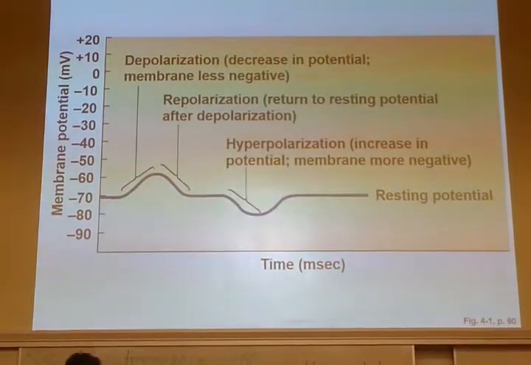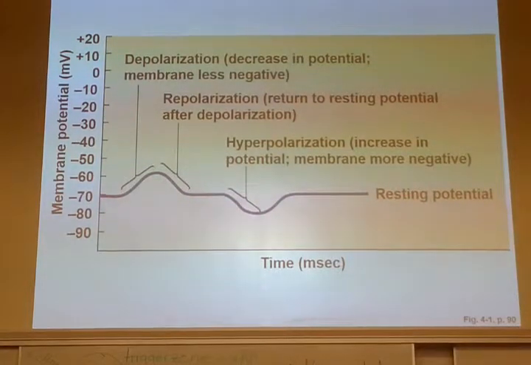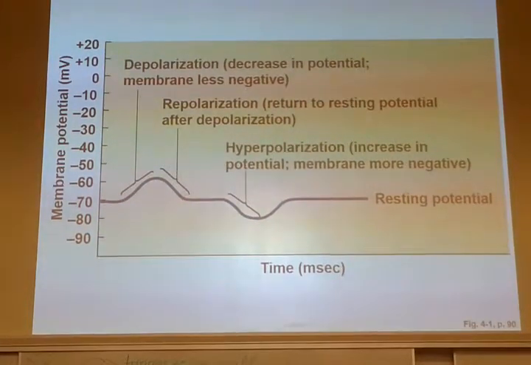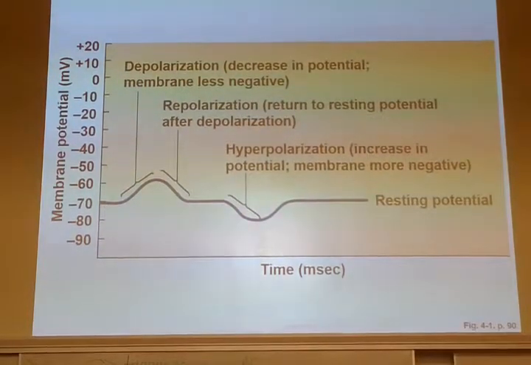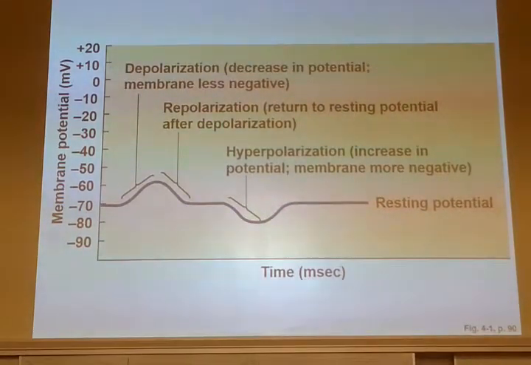Ligand-gated channels, you've got graded potentials that are depolarizing and hyperpolarizing. These are also called local potentials. You also have local potentials occurring somewhere else in the neuron.